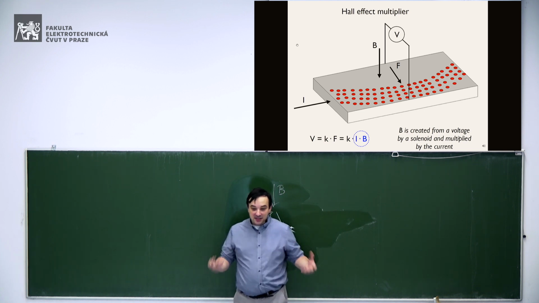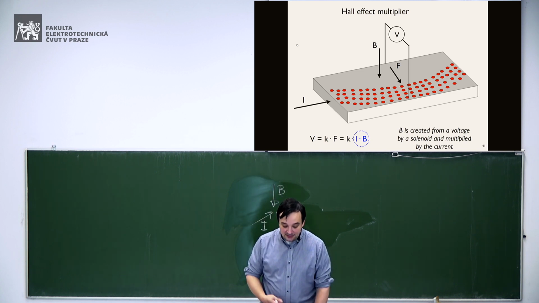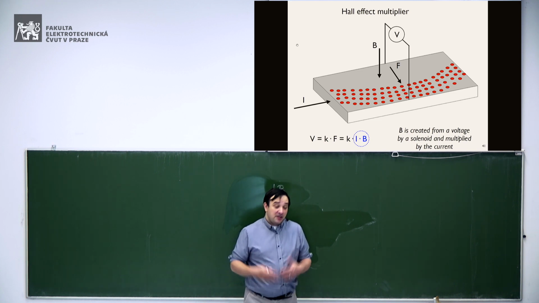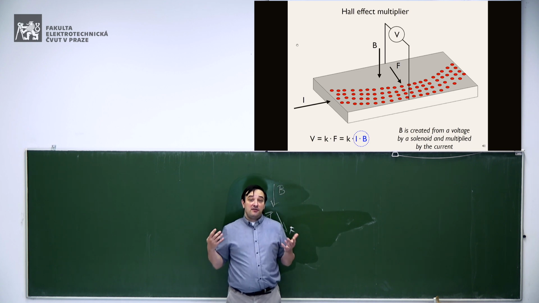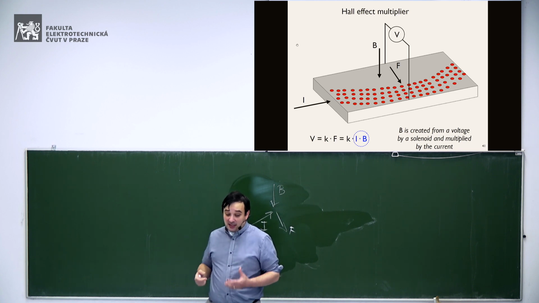That's a basic principle which is behind electric machines, for instance. And this effect can be used to measure magnetic field. As a matter of fact, the Hall effect sensor is used, most of the time, to measure magnetic field.